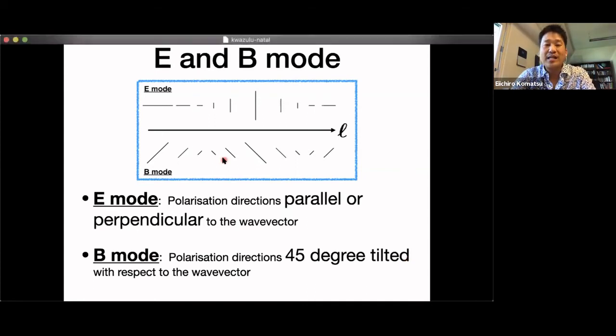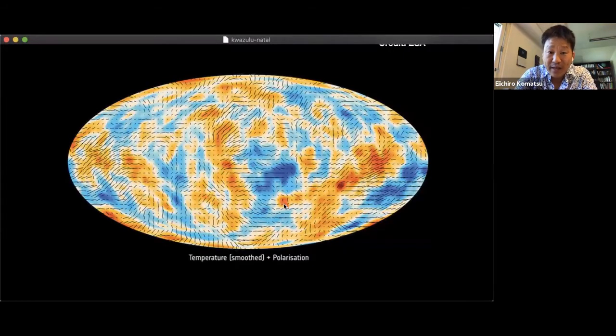So let's imagine a plane wave, okay? For example, you have here this kind of polarization direction that changes direction, right? And if you had a plane wave going this way, then you have blue, red, and the corresponding polarization directions changing the directions.